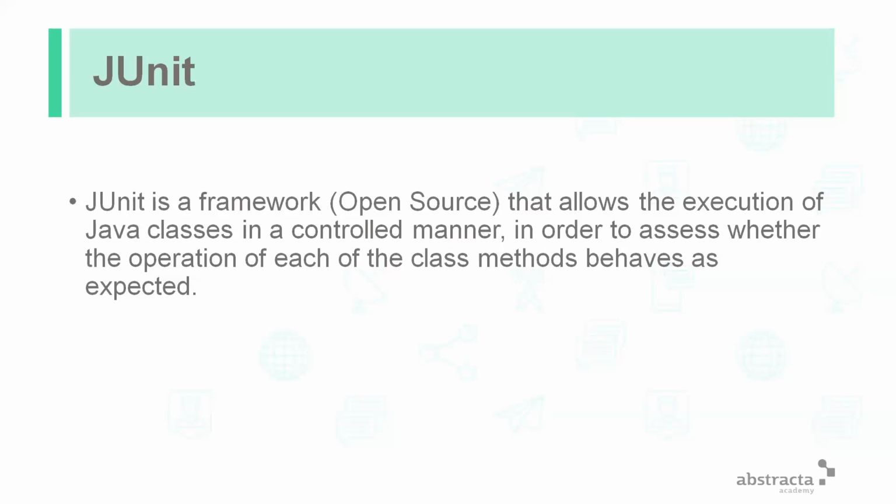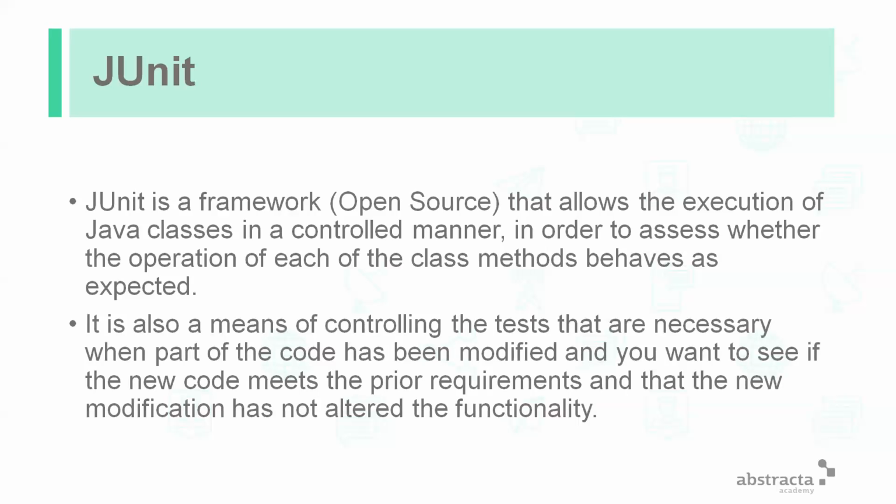So green is good, and red means something is going wrong. The simplicity of JUnit makes it possible for the software developer to easily correct the bugs that they found. Okay, let's continue.